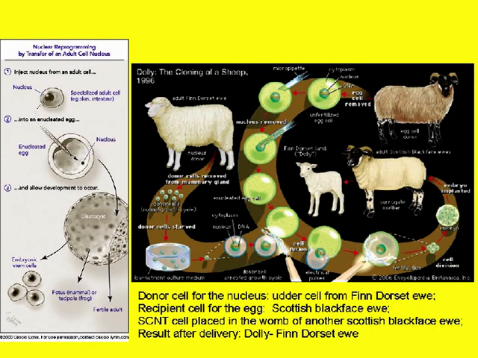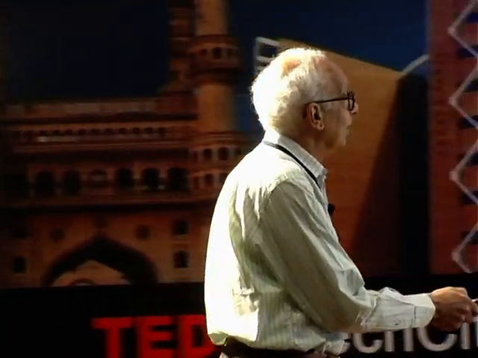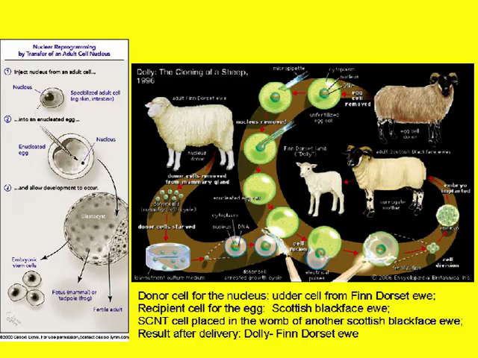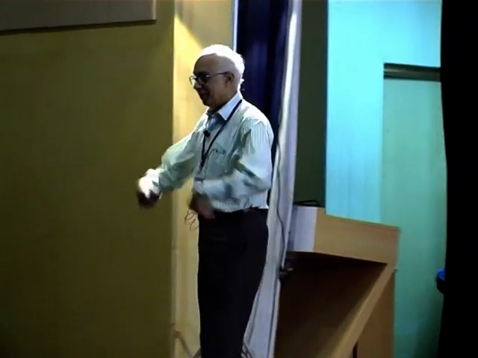The mother who gave her entire genome, which came to her from her father and her mother, right? This is the donor mother. This is the recipient mother. This is the actual generating mother. Who's the mother? Who's the father?